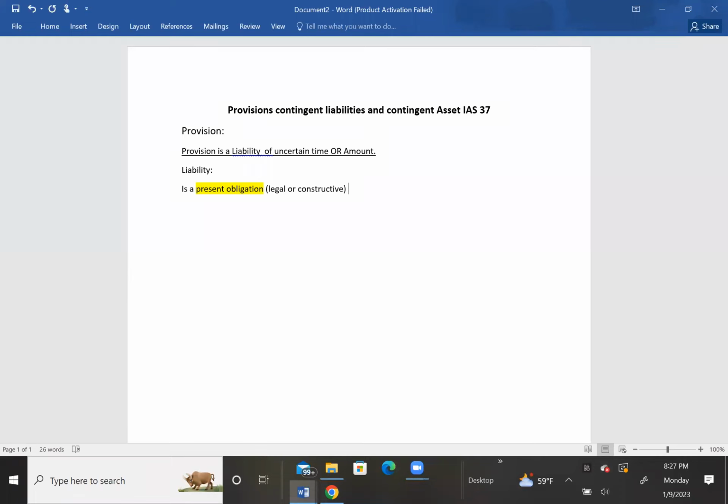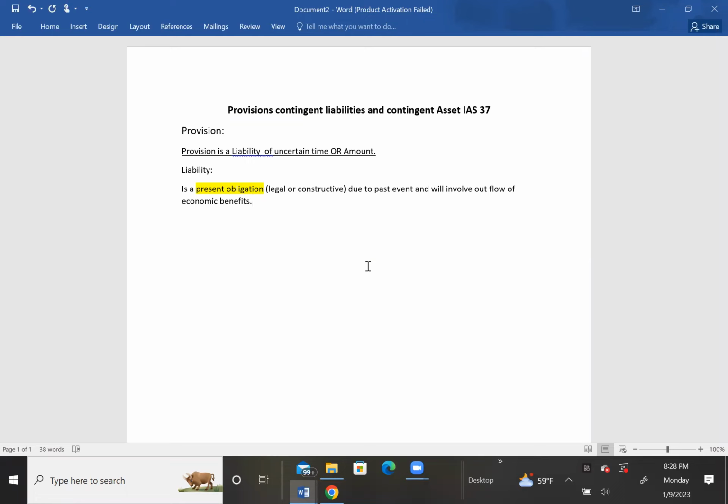So liability is a present obligation due to a past event and will involve an outflow of economic benefits. Okay, so that is the definition of a liability, and the provision is a liability.